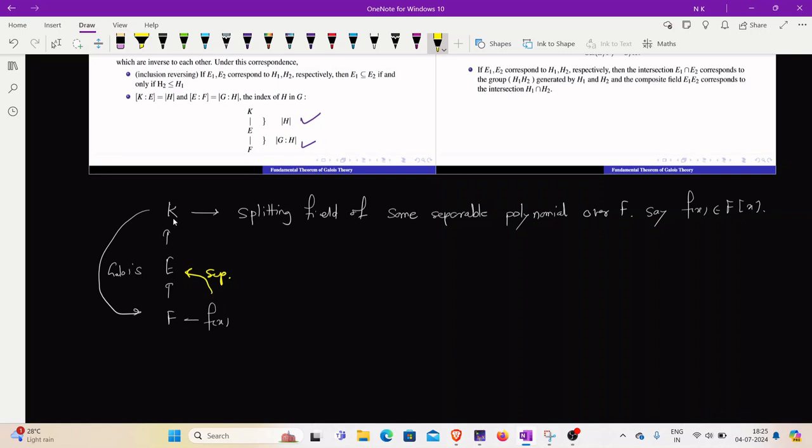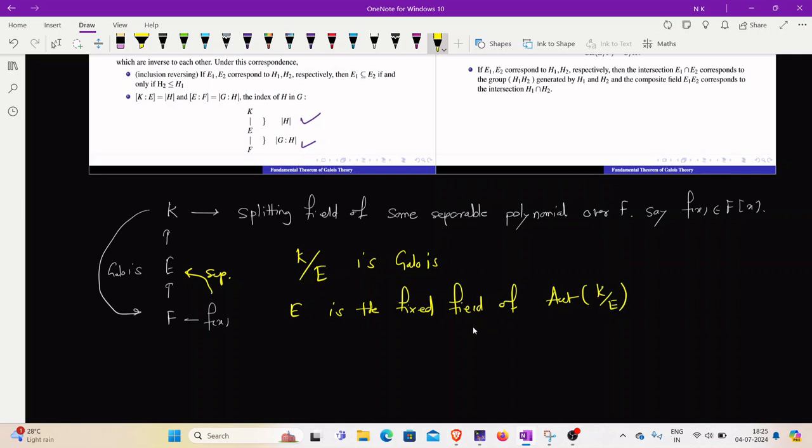In this particular case, E contains F, and K is a splitting field of the separable polynomial f(x) over E. So K over E is a Galois extension, right? So I can write here that K over E is Galois, and because of the Galois extension, E is the fixed field of the automorphisms of K over E, because of the characterization of Galois extension, right?